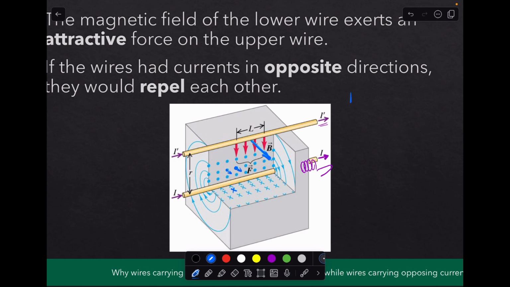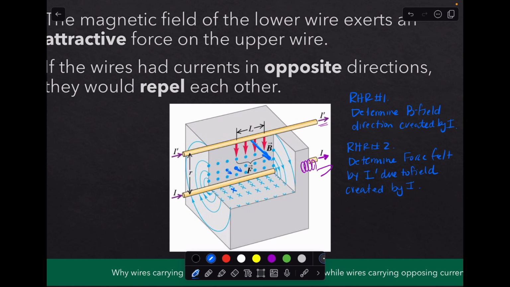Right-hand rule number one, determine B field direction created by I. Right-hand rule number two, determine force felt by I prime due to field created by I.